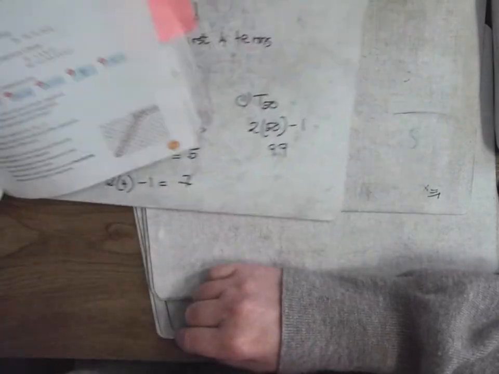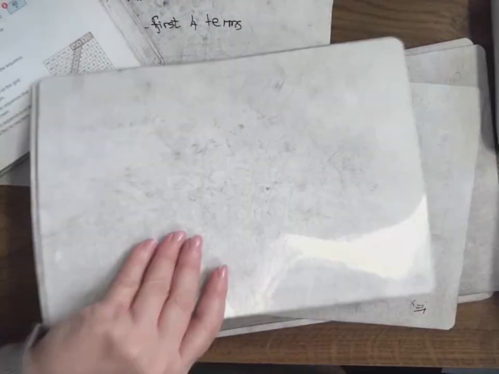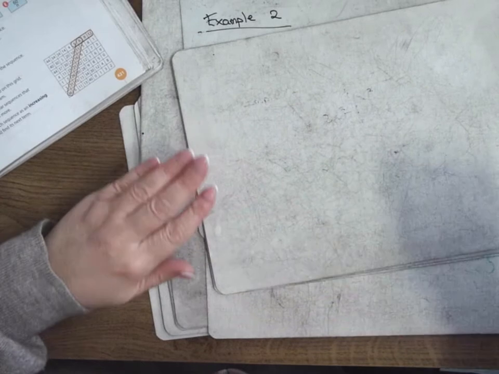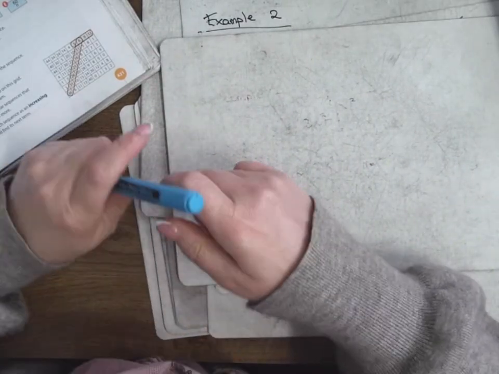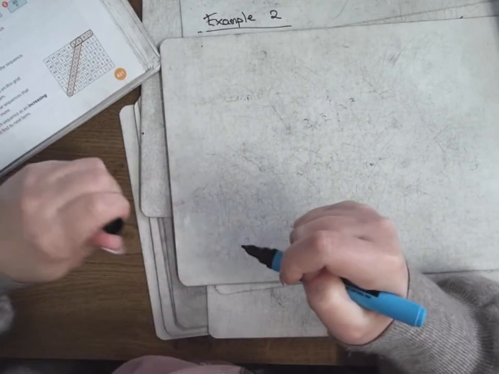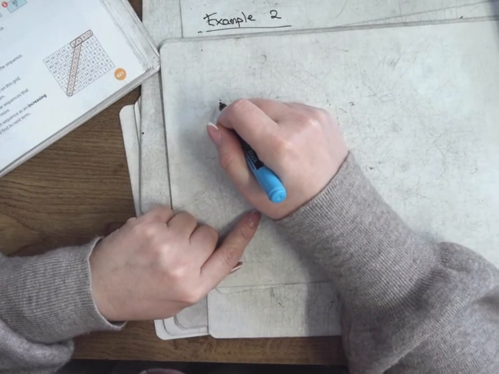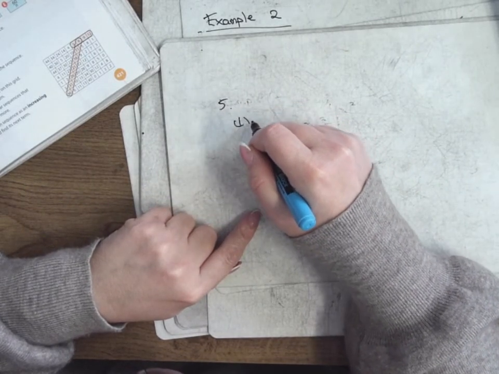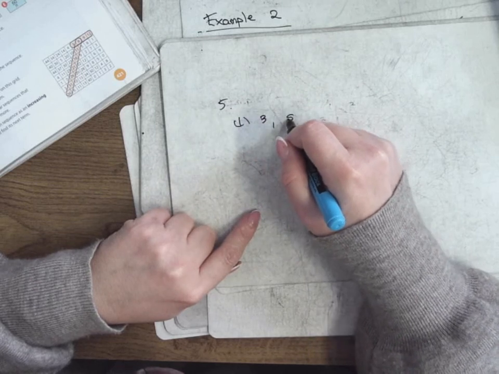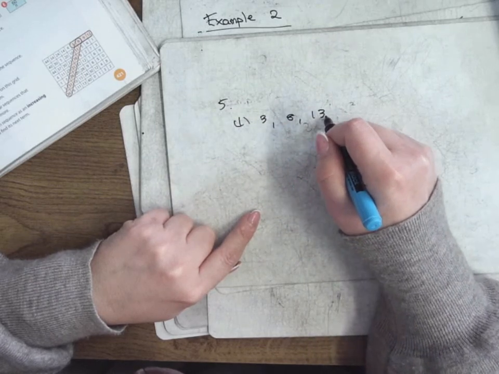Right, number 5. I'll explain 5 to you, of course. Number 5 says, here's a sequence, explain why it's linear. Part 1 is 3, 8, 13, 18.